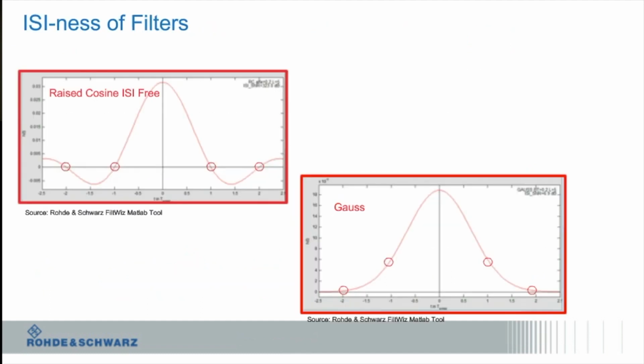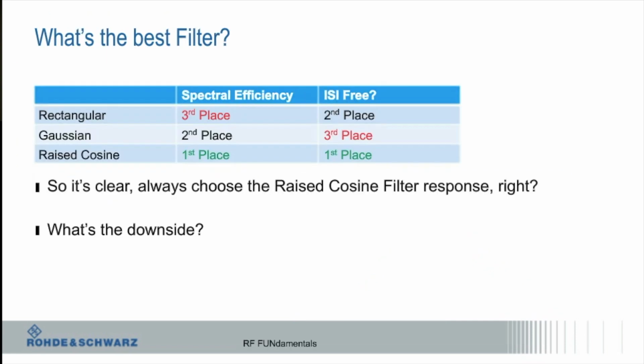So the ISI-ness of a filter: if I'm using the raised cosine, that's the best case, ISI-free. And if I use a Gaussian, there's still some intersymbol interference in there. So why do I pick one versus the other?